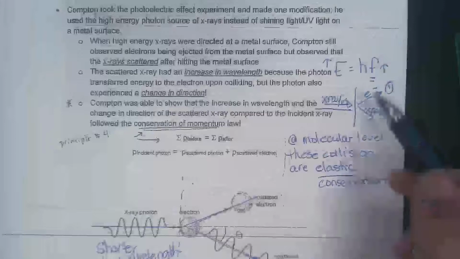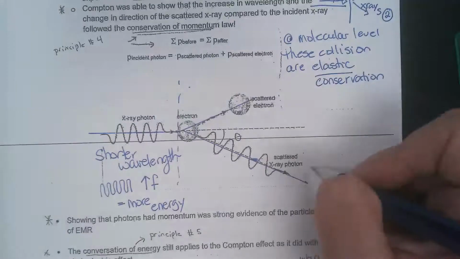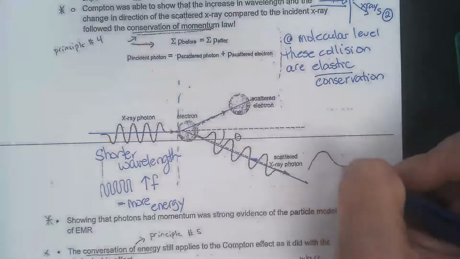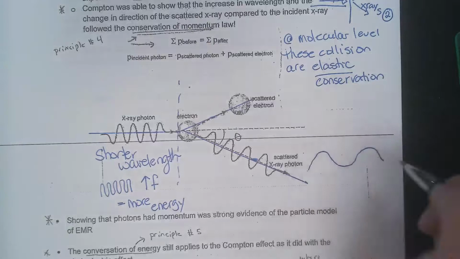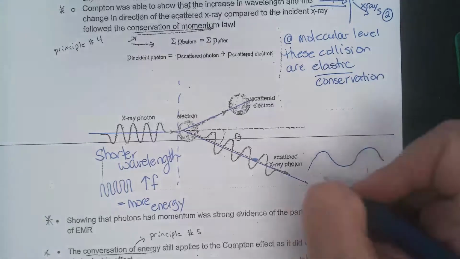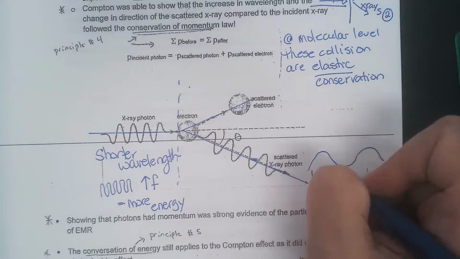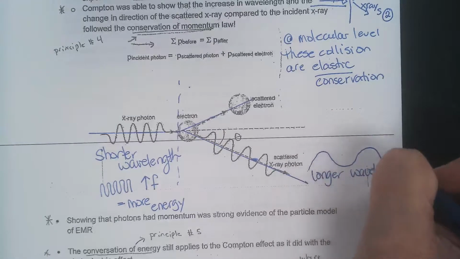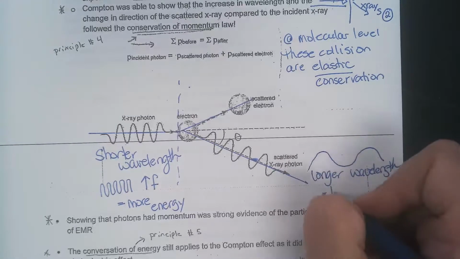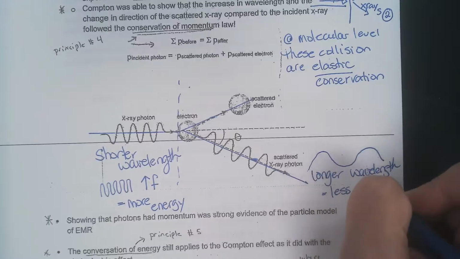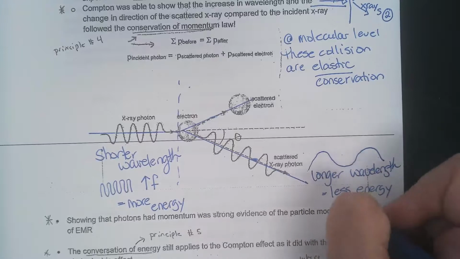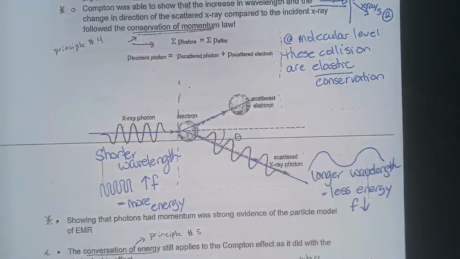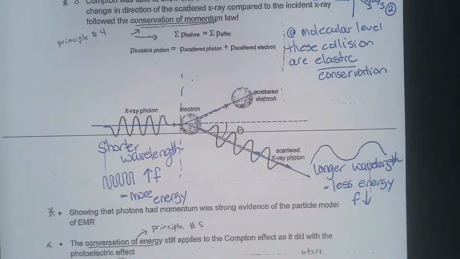Okay, going back to this formula here. When I have a longer wavelength, I have less cycles per second or per set time, and so longer wavelengths equal less energy because my frequency is decreased.